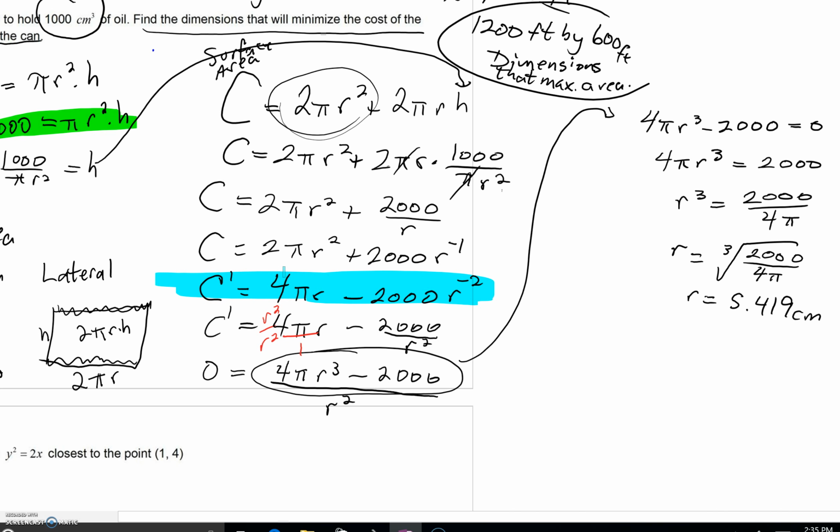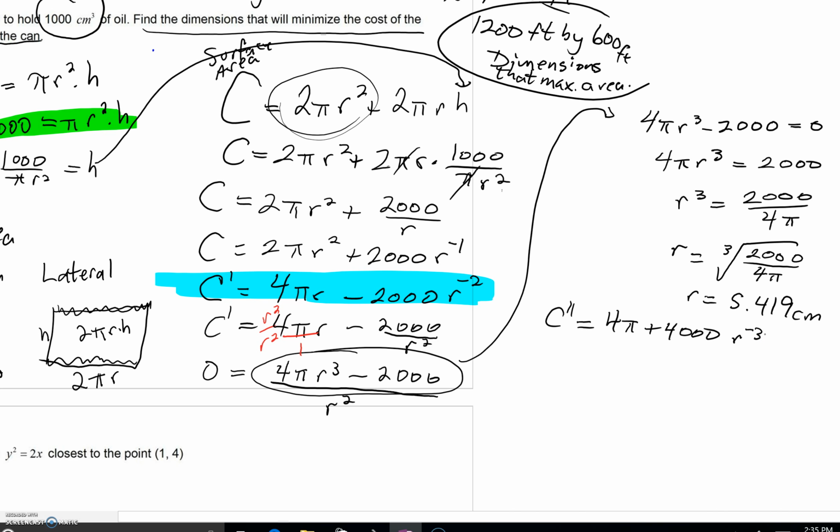The second derivative test is one of those ideas that kids can tend to forget. Sometimes they want to forget it. But look, if I took the next derivative, you can see I'm right next to it. C double prime would be, what's that? 4 pi plus 4,000, because negative 2 times negative 2,000, and here's r to the negative third.